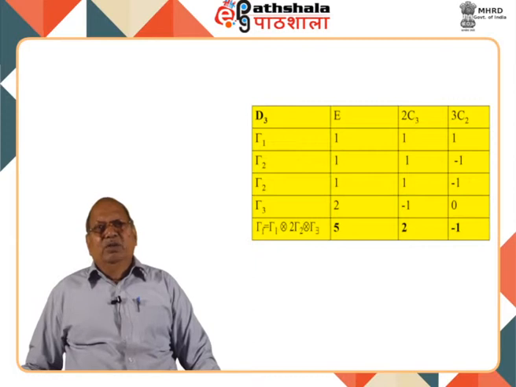Under C3 we have 1, 1, 1, minus 1. If it is added together it is 2. Under C2 it is 1, minus 1, minus 1, 0, minus 1. If they are added together it is minus 1. Thus tau F is equal to tau 1, 2 tau 2 and tau 3.